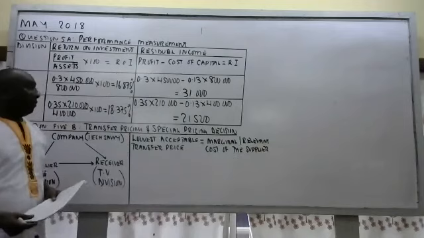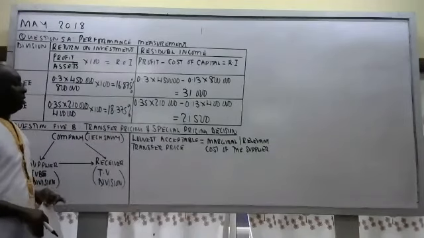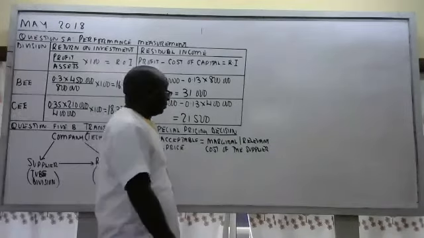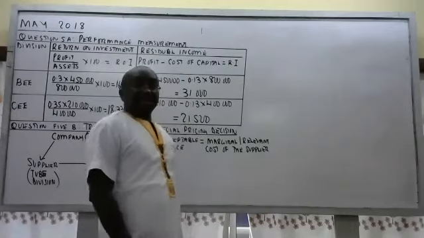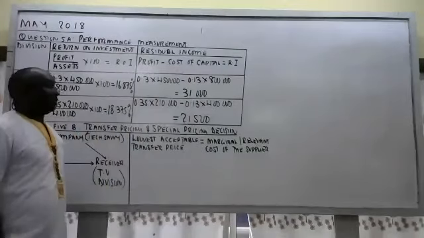When you hear of the lowest acceptable, it is the marginal, the relevant cost of the supplier.